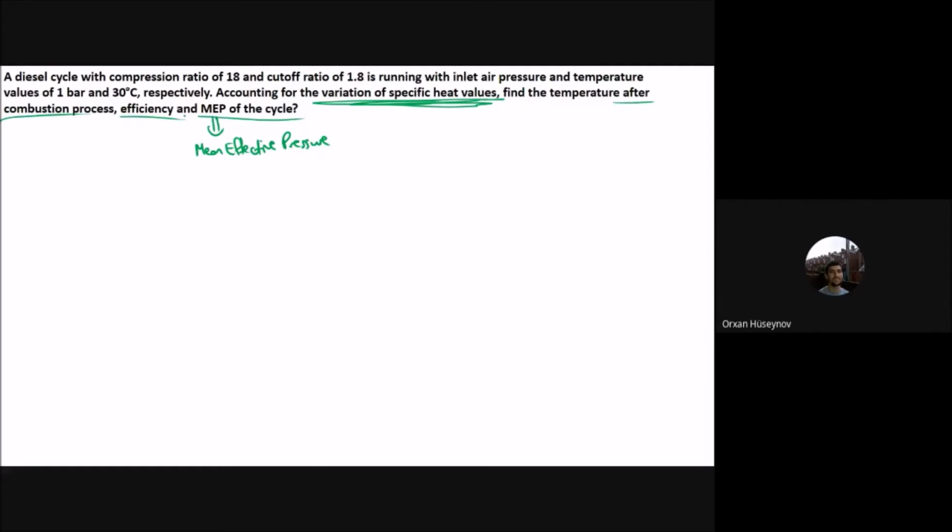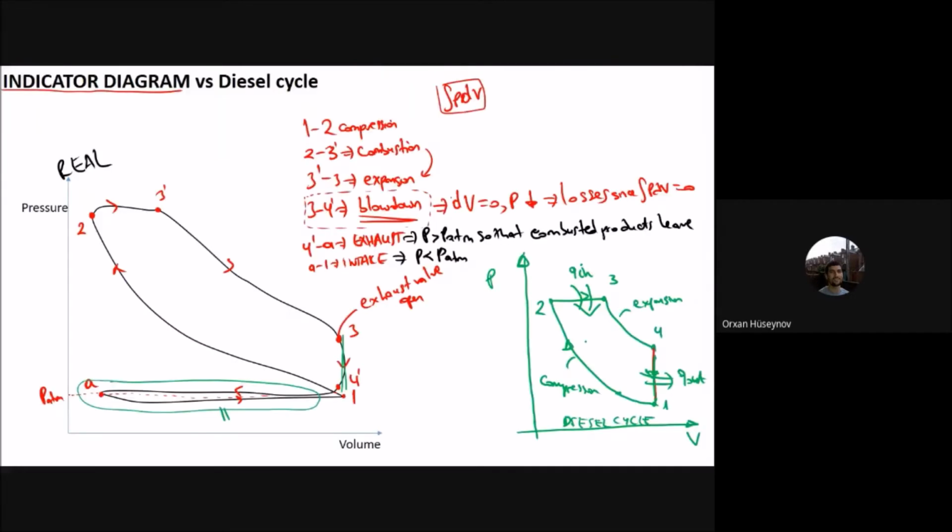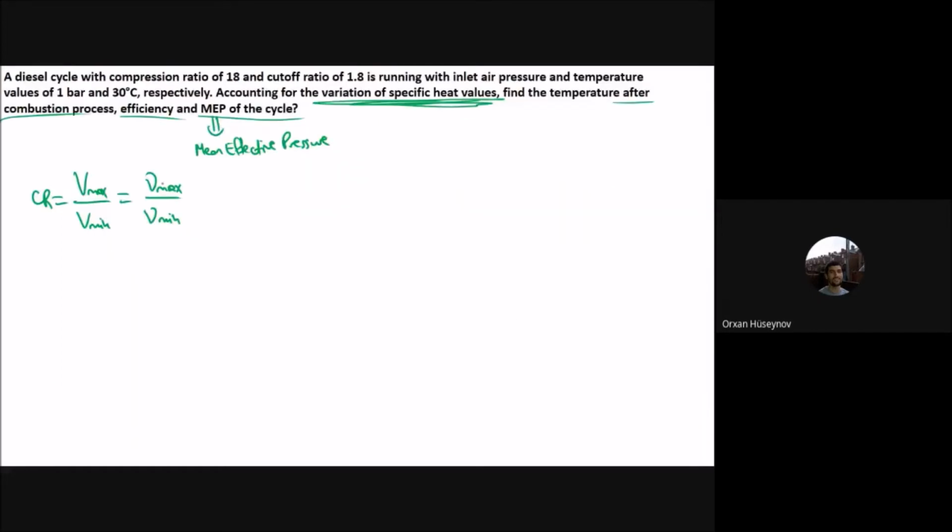So firstly, we have the compression ratio. This compression ratio, CR, was the maximum volume divided by the minimum volume. Or you can say the maximum nu divided by the minimum nu. If this is a closed system, the mass is constant here. And since the mass is constant, it doesn't matter whether you use nu max divided by nu min.